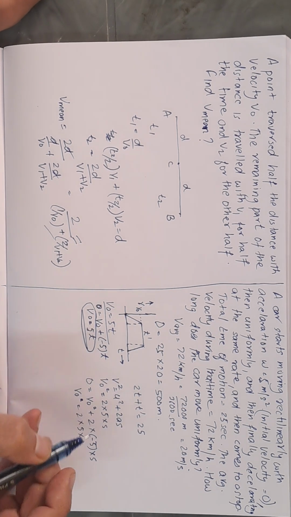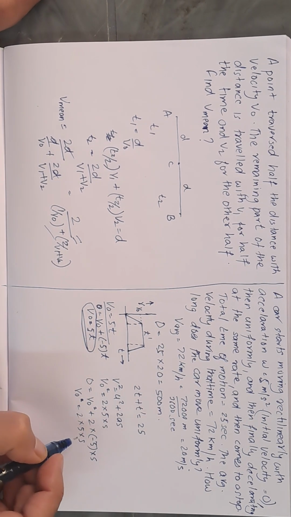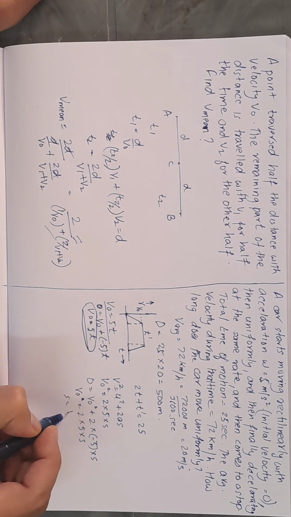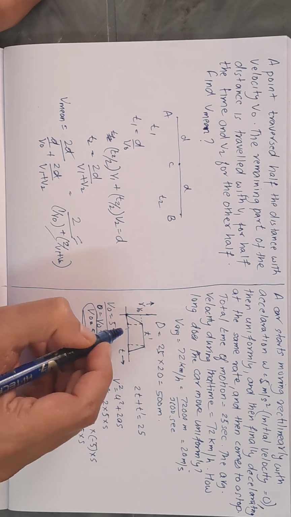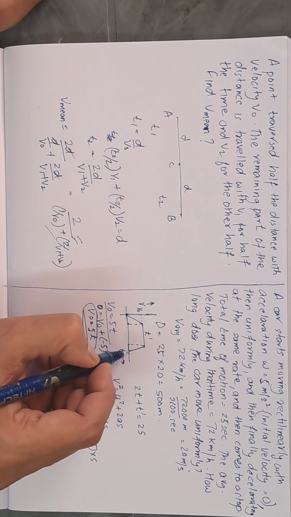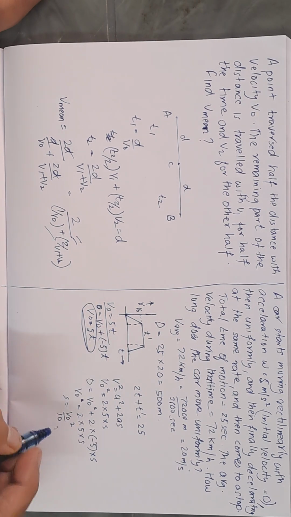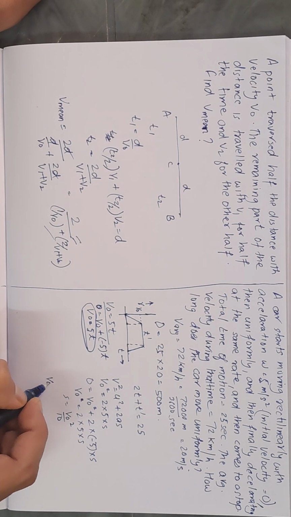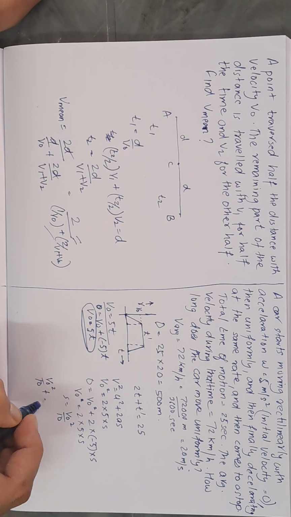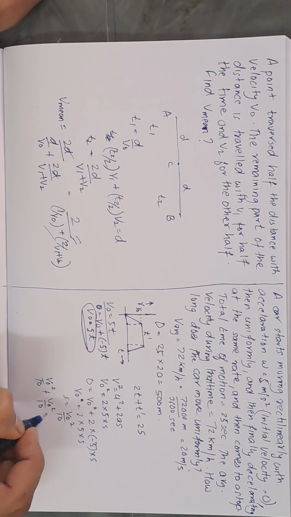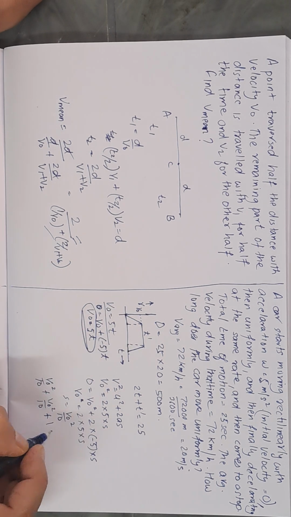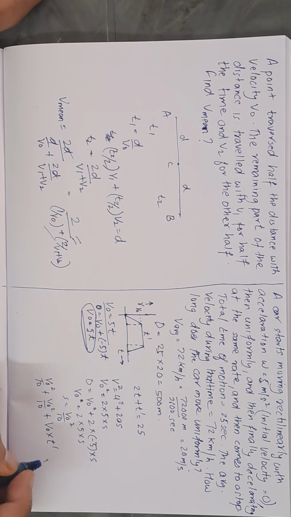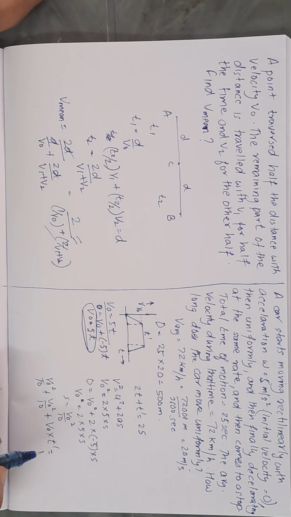Right? So now how much is this distance traveled? s is equal to v naught square by 10. So distance traveled from here to here is the same as the distance traveled from here to here, and that is equal to v naught square by 10. v naught square by 10 plus v naught square by 10 plus distance traveled during this time, which will be equal to v naught into t dash, will be equal to total distance traveled.